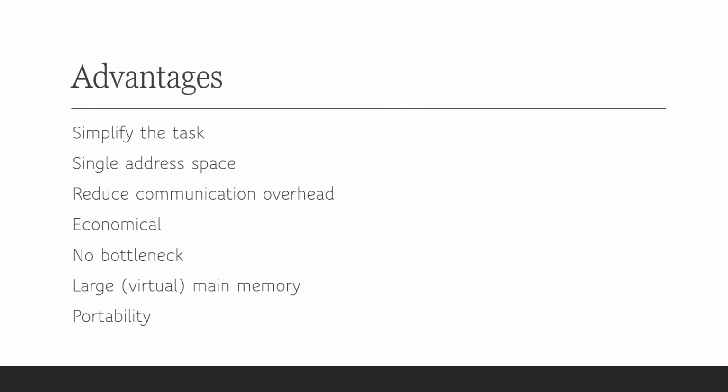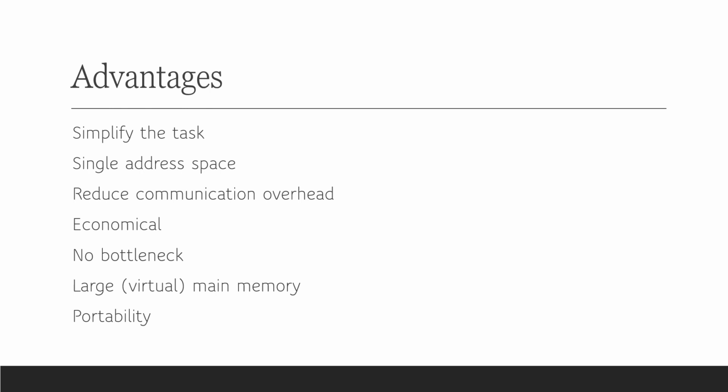Now we'll see the advantages of distributed shared memory. The first one is simplifying the task. Communication across the network is achieved by the read or write abstraction, or we can say the read or write primitives, which simplifies the task of programmers. That is the major advantage. Then a single address space is provided.